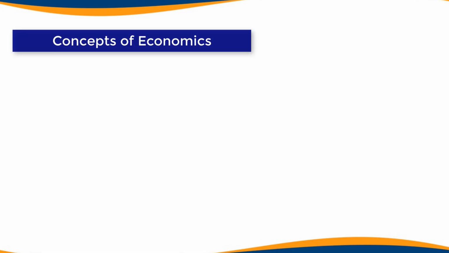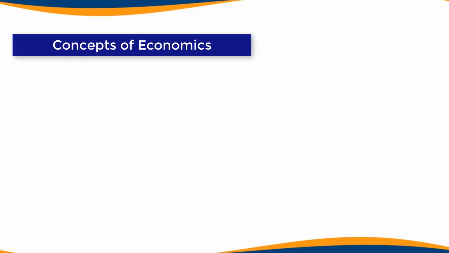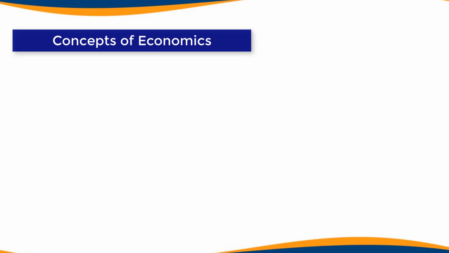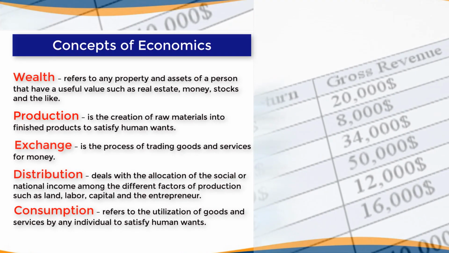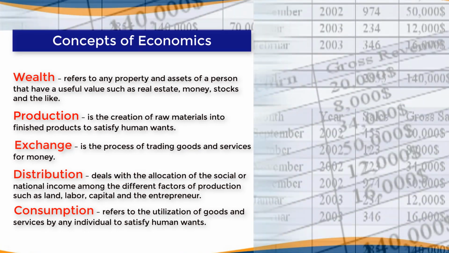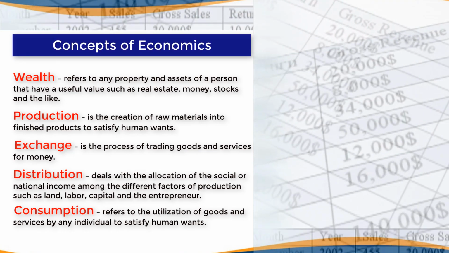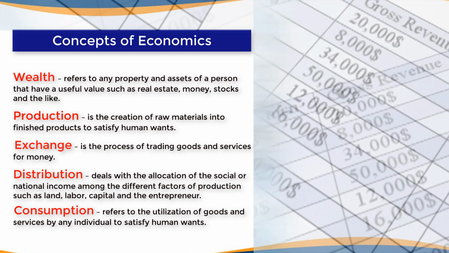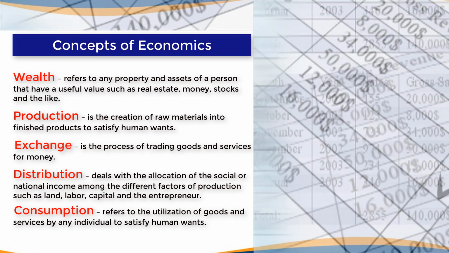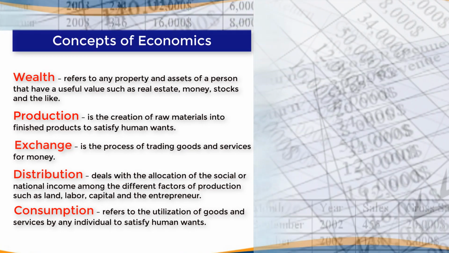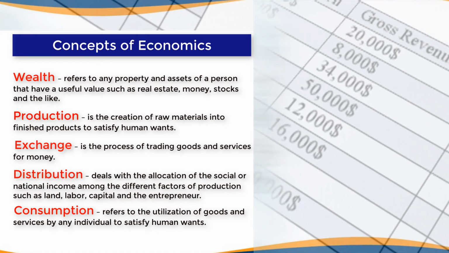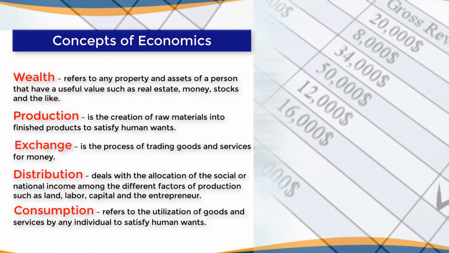Concepts of economics. The field of economics is divided into 5 parts as follows. Wealth refers to any property and assets of a person that have a useful value such as real estate, money, stocks, and the like. Production is the creation of raw materials into finished products to satisfy human wants.